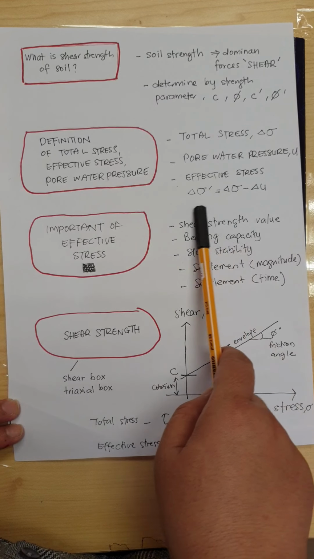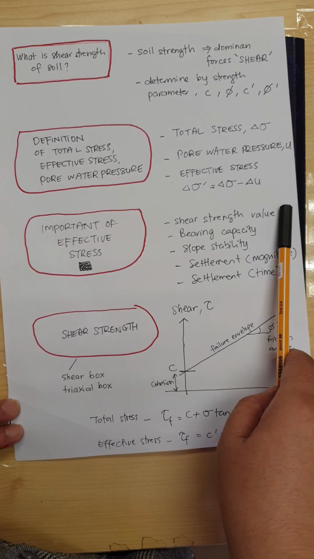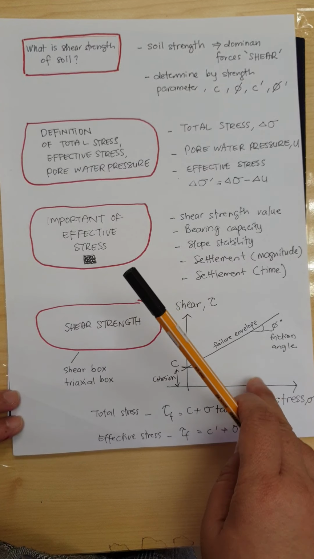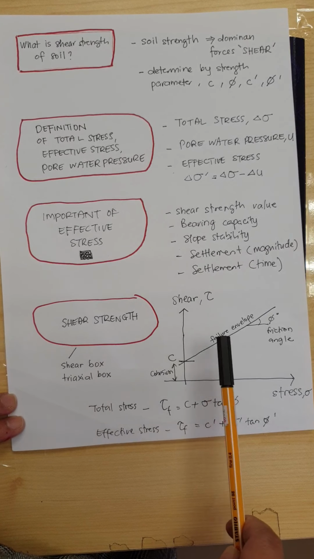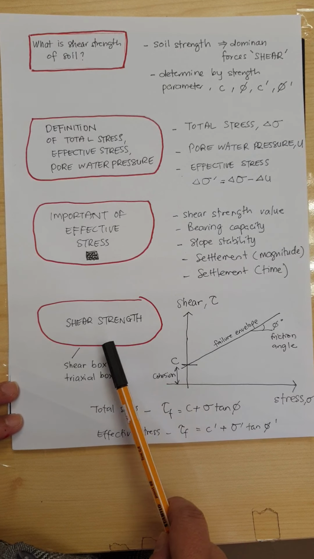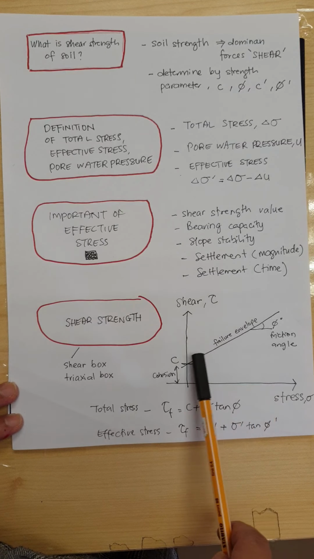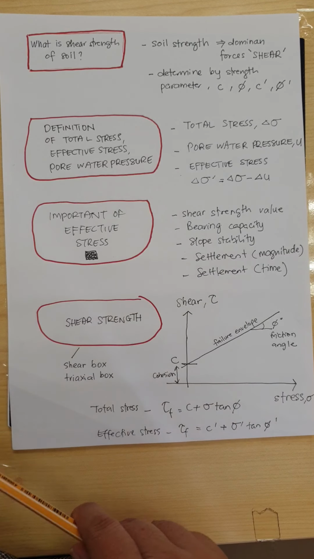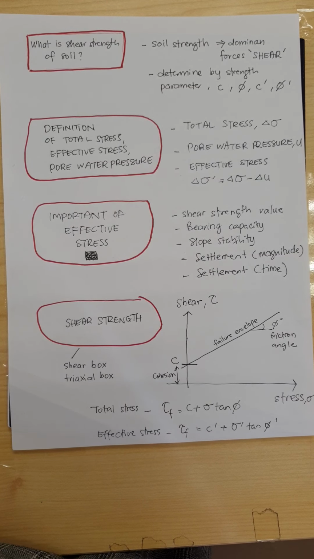Because from the effective stress we get very important information for engineering decisions. And the last part, which we will do a lot, is the shear strength characteristic that you must find in terms of C and also the phi value. This is the first introduction to chapter 3, and thank you.